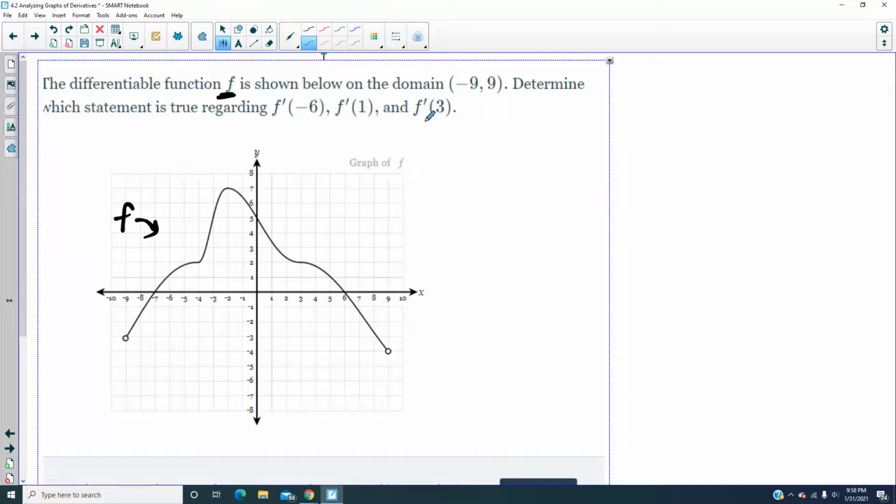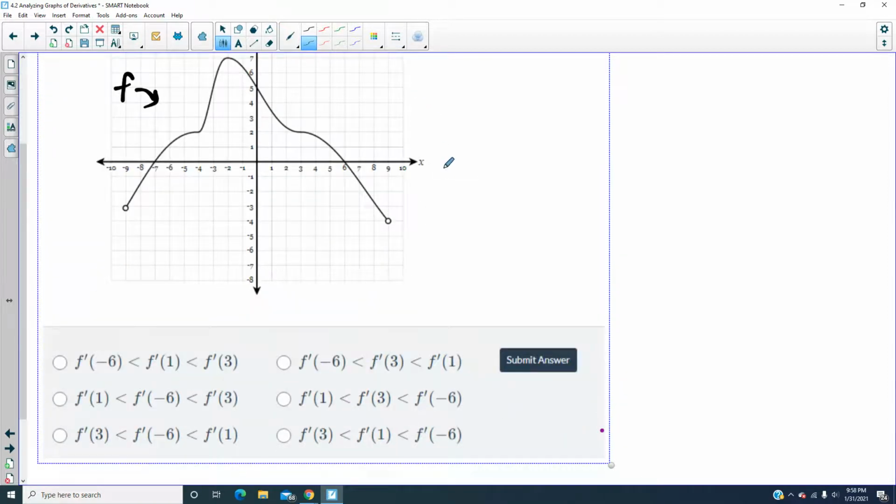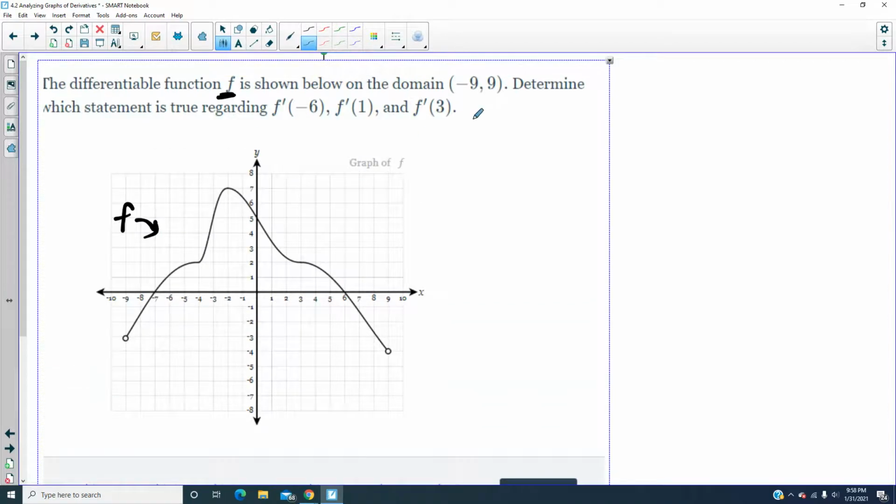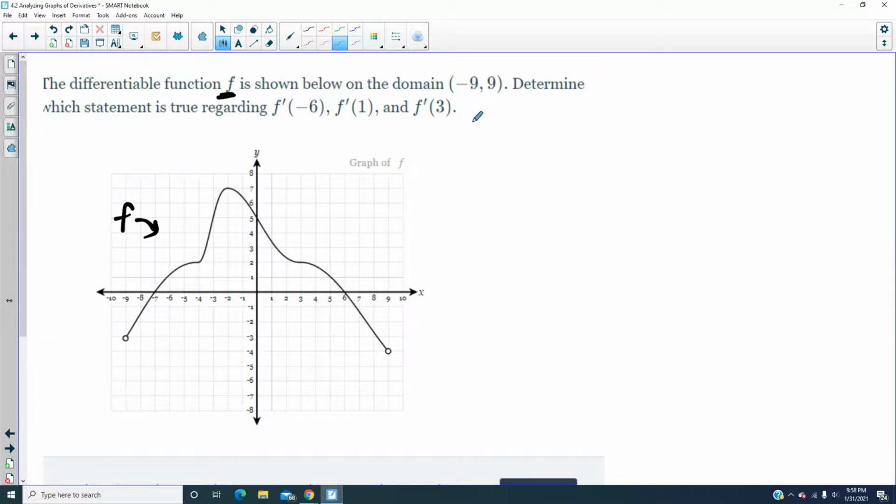So what they're wanting us to do, if I scroll down, is compare and see which value is larger: f prime of 1, f prime of -6, and f prime of 3. The derivatives are the slopes of the tangent lines. Okay, so I'm going to sketch a tangent line at -6.